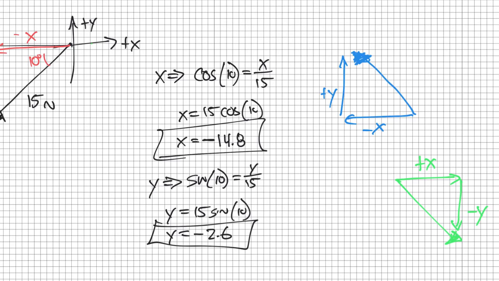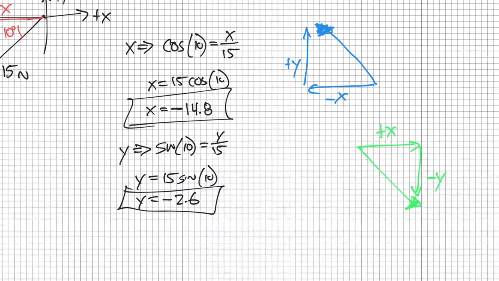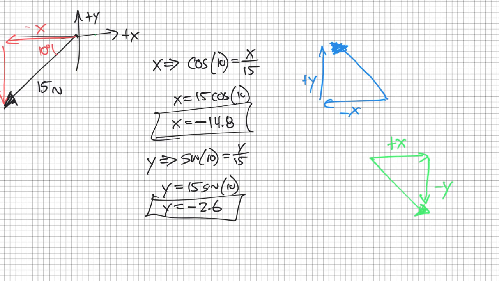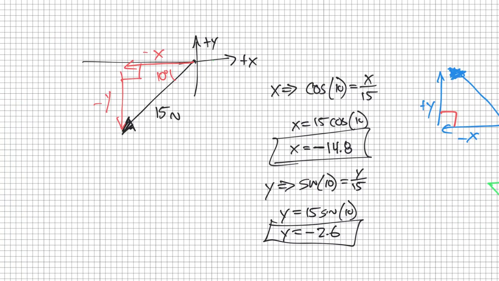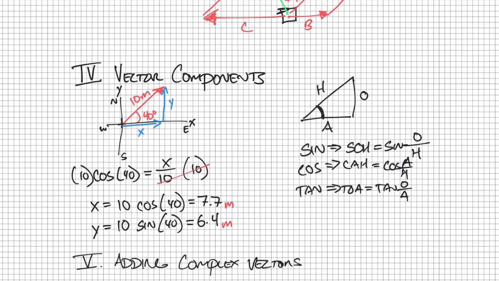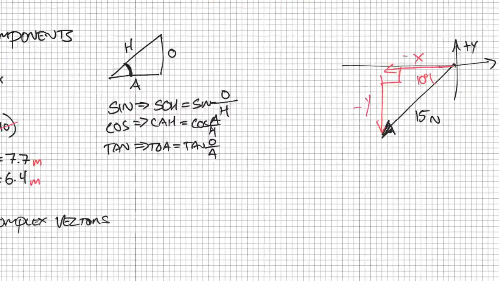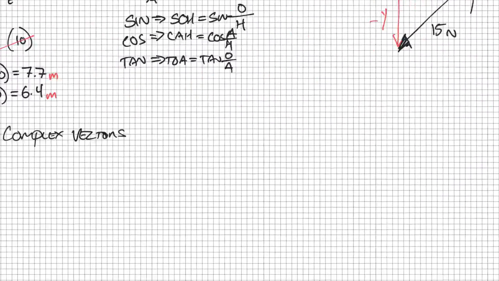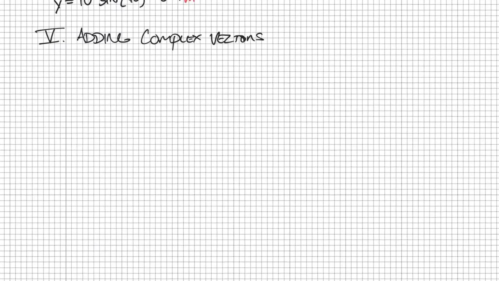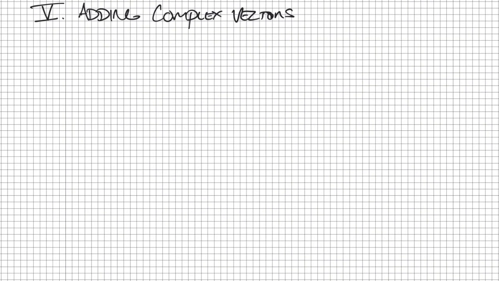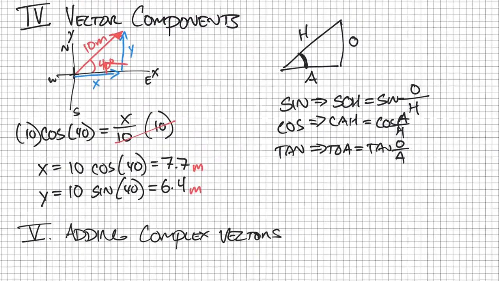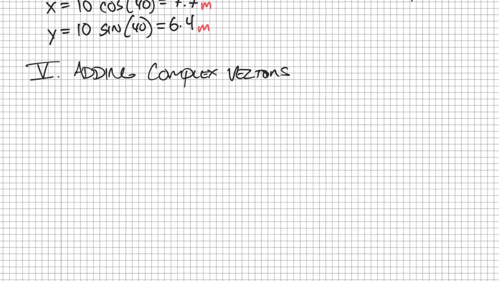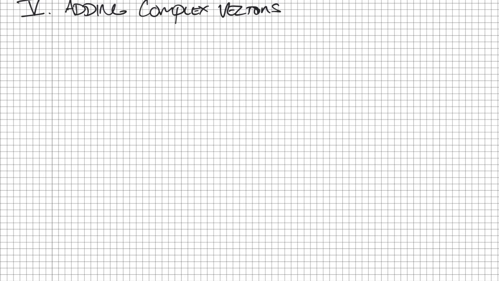Hopefully you've seen that the X and Y components form a 90-degree triangle no matter what, which lets us use the Pythagorean theorem to see how they go together. I like that because when we come to adding complex vectors, the best way to do it is to break things into their components and then bring them back together by understanding the X and Y.